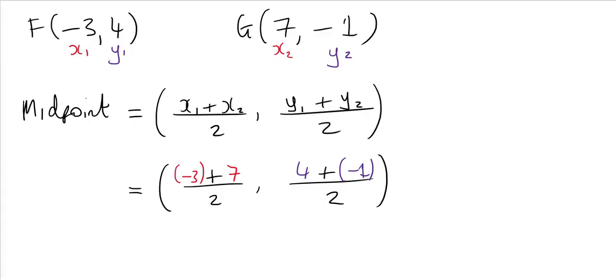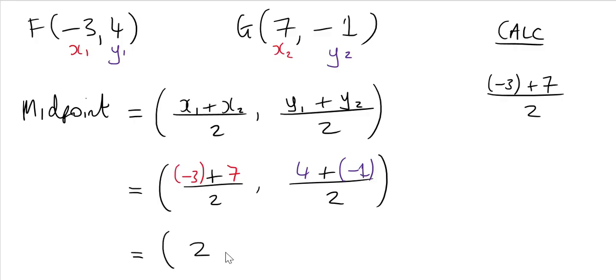Now you get your calculator and you work out each piece individually. So when I say each piece individually, on your calculator you press your fraction button, you put in minus 3 plus 7 over 2, and you're going to get 2 there. That's going to give you 2 on your calculator, so you put that in there.